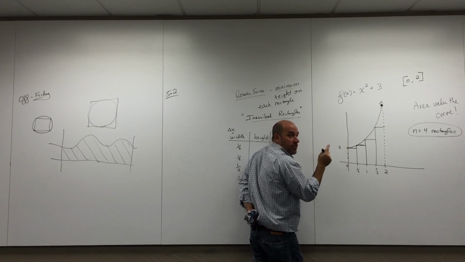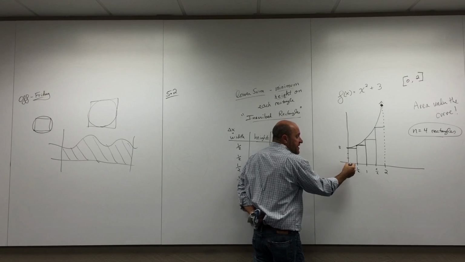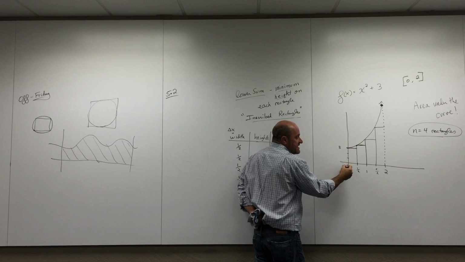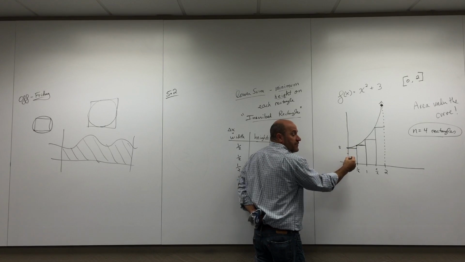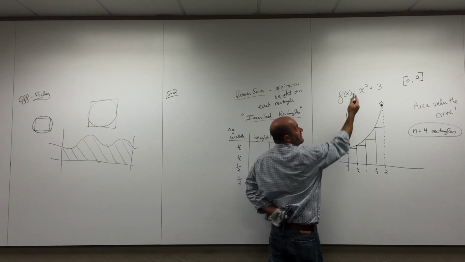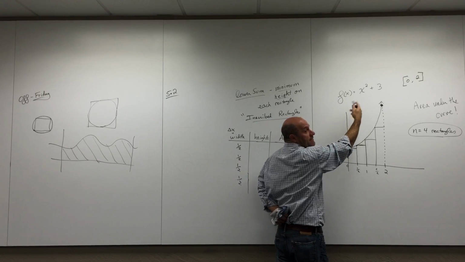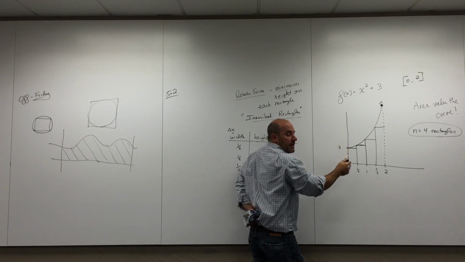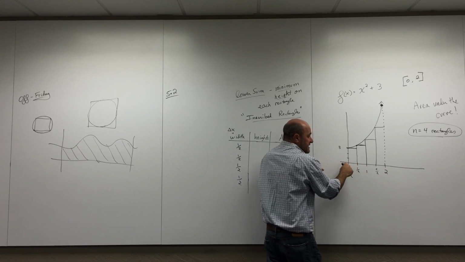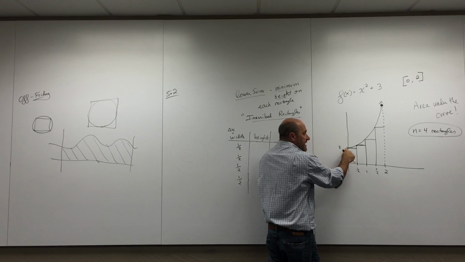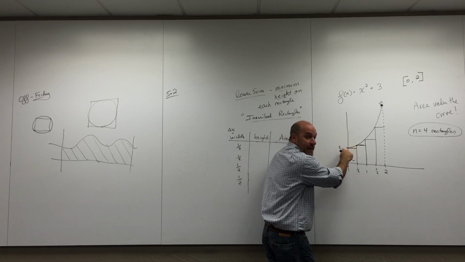I got it, though, maybe by plugging in 0 into the function. I mean, this is the x value that gives you this height, right? So let's just try plugging 0 into this function. What height do you get? 3. You get 3, of course. But it's this left endpoint. You hear me? Left and right endpoint. It's this little left endpoint that gave me the inscribed height.